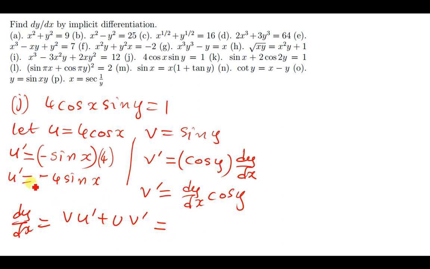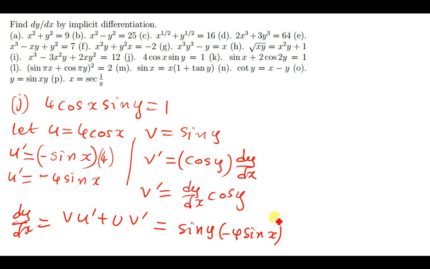So what is our u, our v? Our v is sine y, so I'm going to put sine y there. And then u prime is negative 4 sine x, so we have negative 4 sine x.